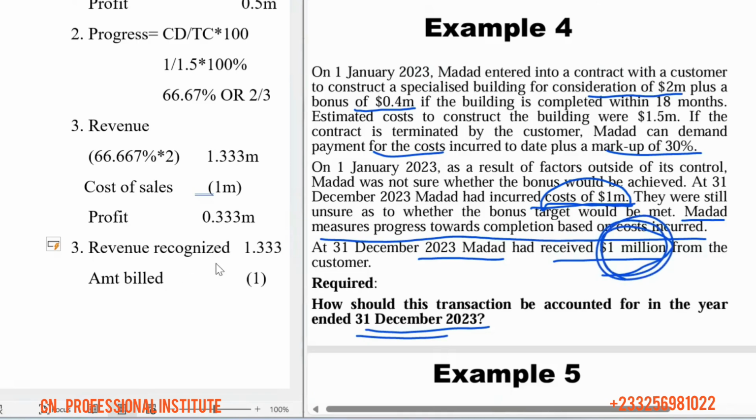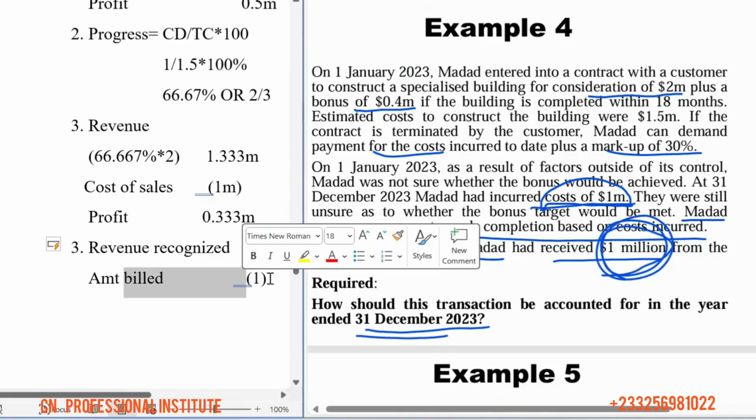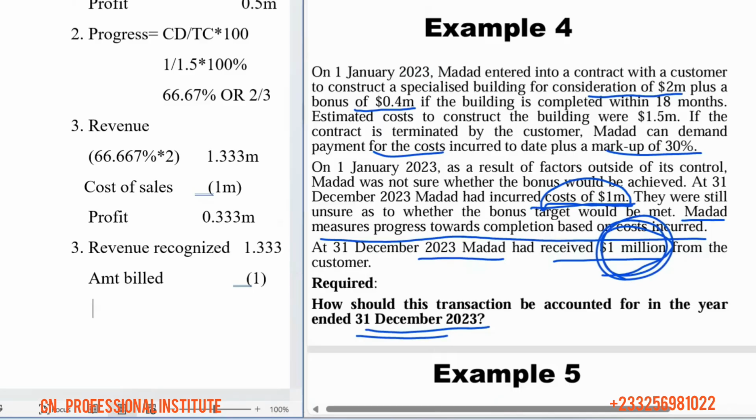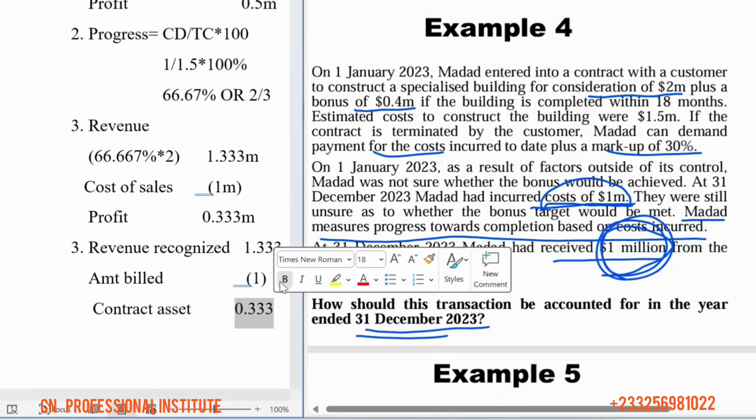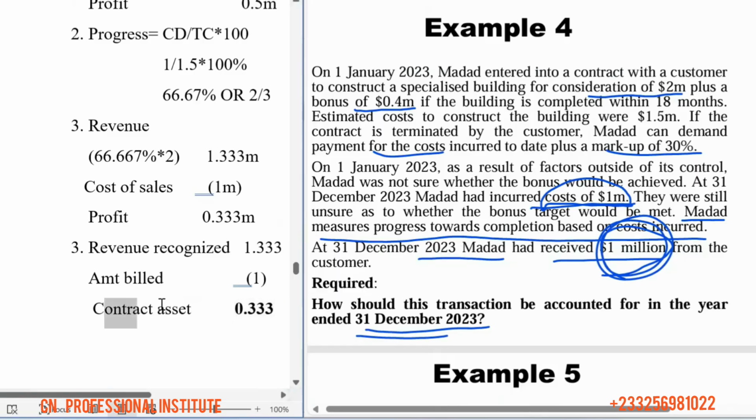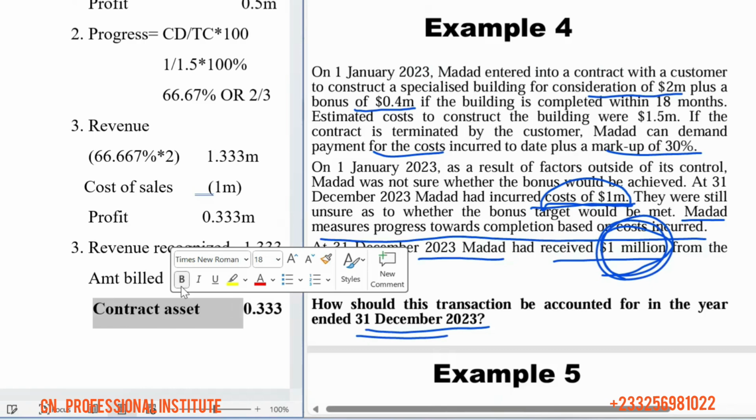That's what we are using as the amount billed. So when you deduct, we get a contract asset of 0.333 million. So that's how we go about it. This is our contract asset, which we are going to record in the statement of financial position.